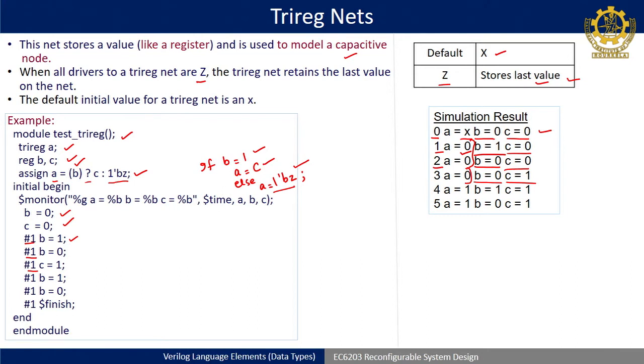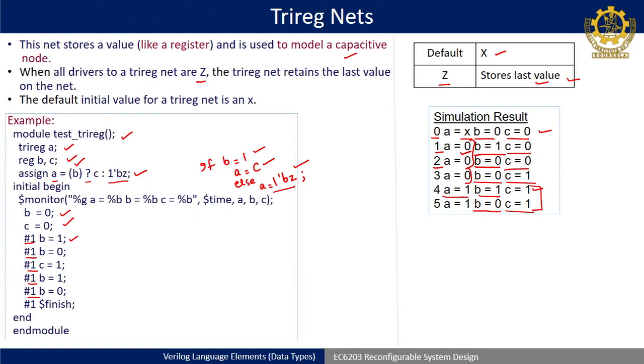In the other case, I mean start here, B is becoming 1. So when B is 1, A is equal to C and C is also 1. So A is becoming 1. Now, in the last case I am taking B equal to 0, but C we have not defined. So it is remaining the same, C is equal to 1. Okay.